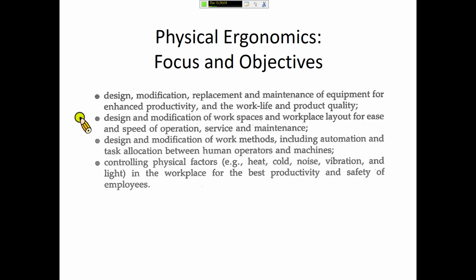Quite often what we are doing is for the workplace layout, and for the ease of use of the tools and machines. We also design and change working methods.